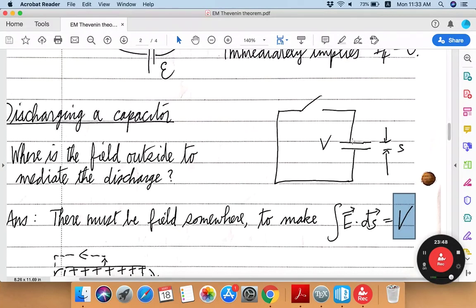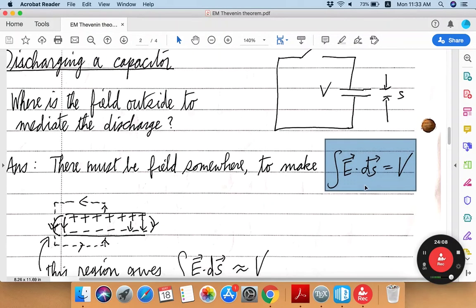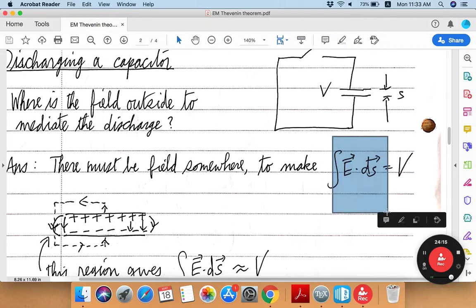But the point is that even if you took a different path of integration, let's say start from here, go out over here and then come back to the other plate, that must also give you the same result, V, for the line integral.